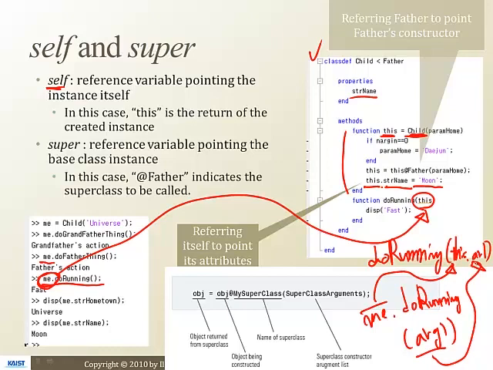I'd like to resolve your questions about this by using this slide. So this word this represents the child itself. Okay. And another thing that I'd like to mention is the superclass. What if you want to access these superclass methods? In that case, what you want to do is this.